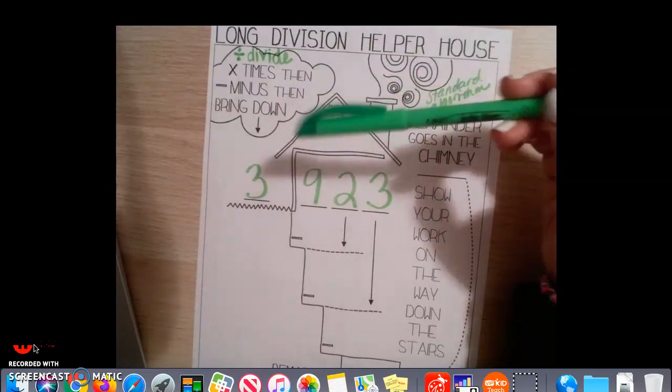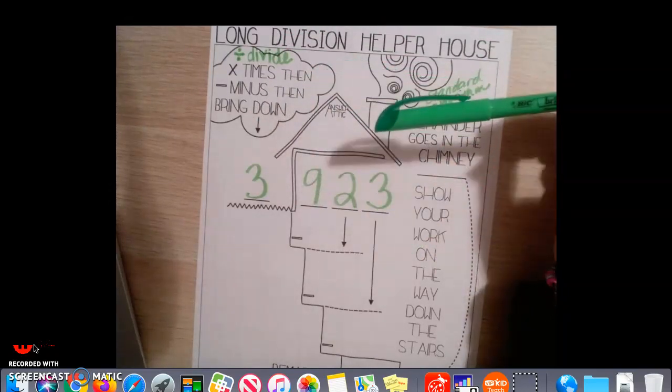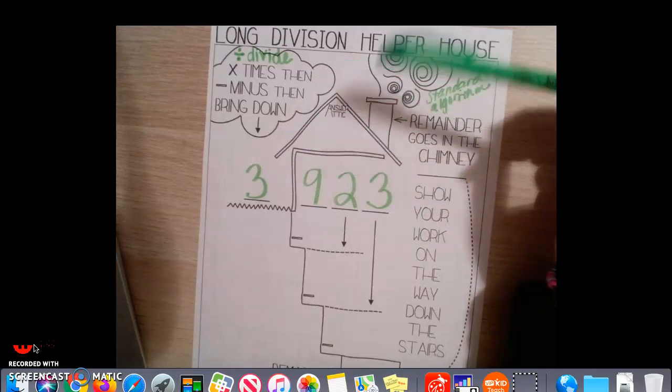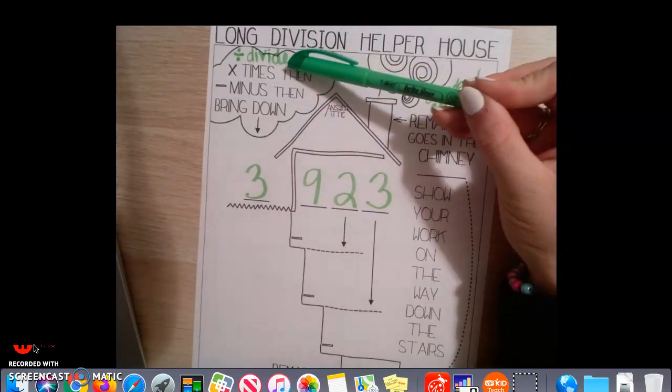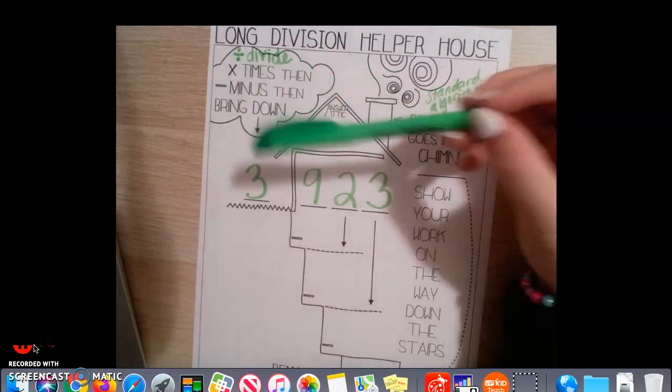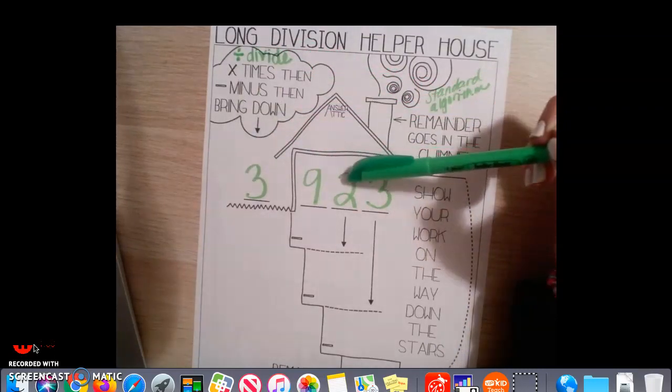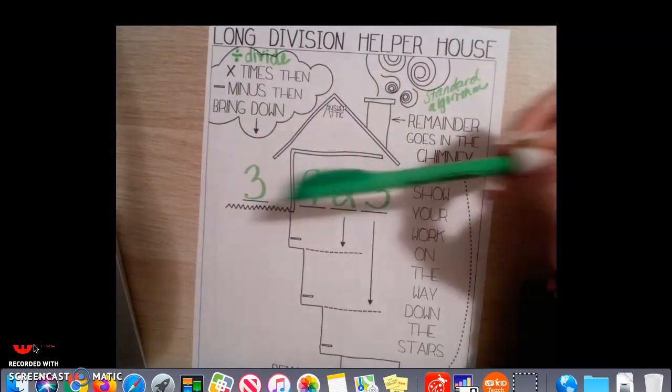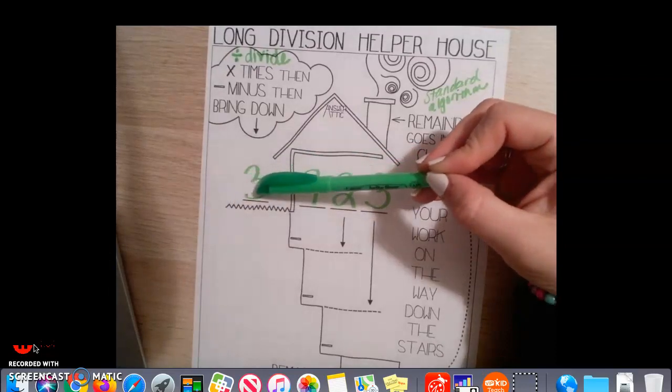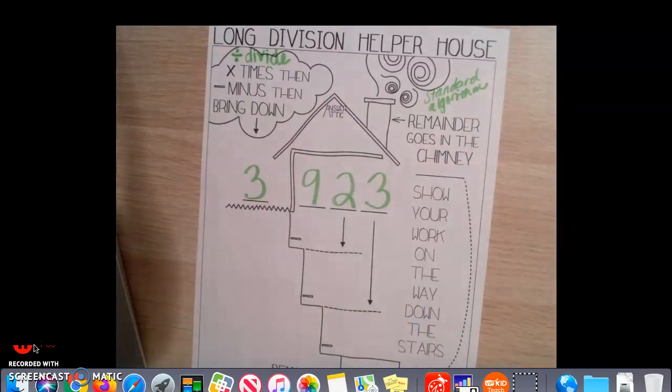Pause your screen, get it written, and then press play and continue listening. So at this point, you should have the word divide and a division symbol up here. You should have 923 here as your dividend, and you should have 3 as your divisor. So get your paper set up like that.